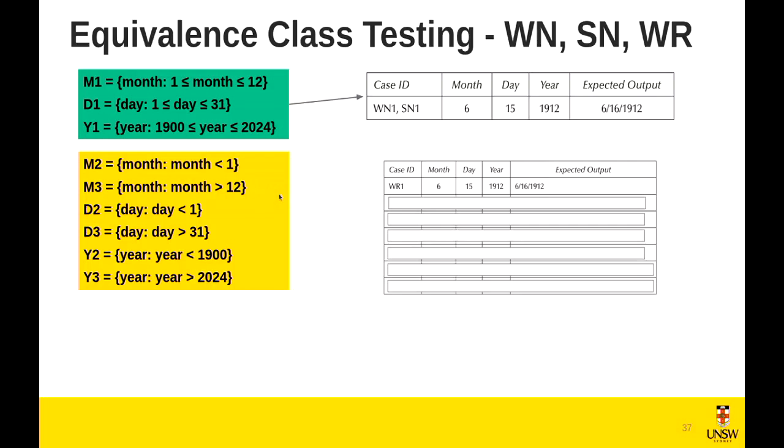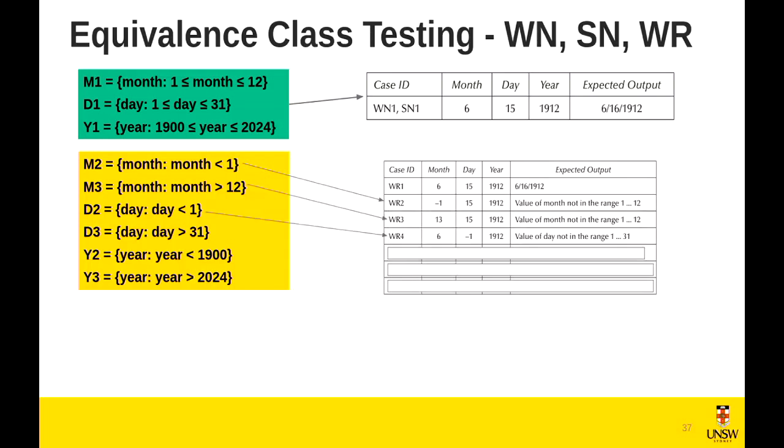So what we can do is we inherit this one, and then let's consider the equivalent class of M2. We can apply M2 here and generate a test case with an invalid month, and we can do the same for the rest of the test cases.